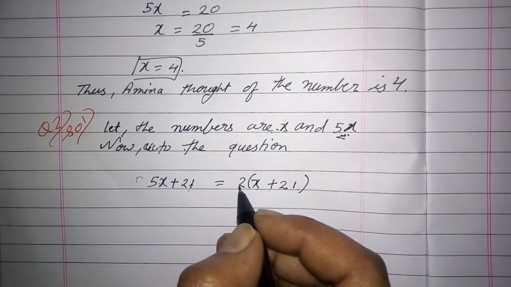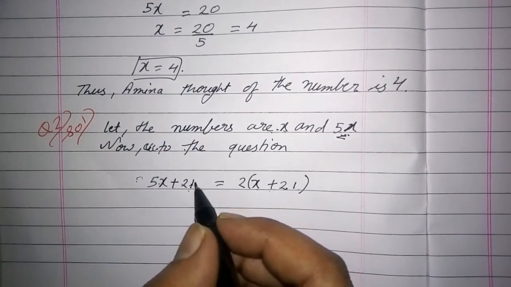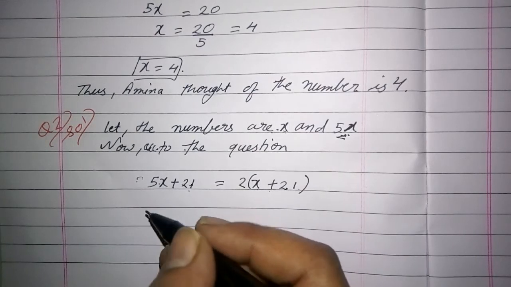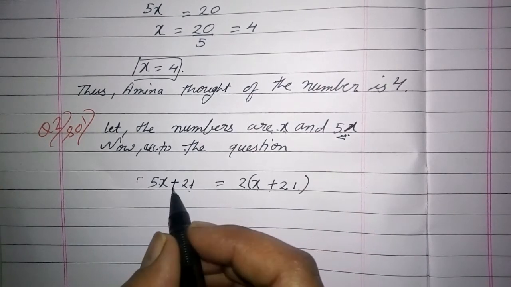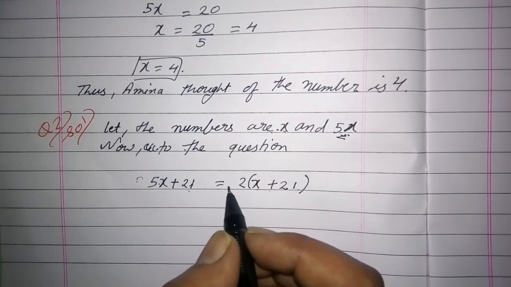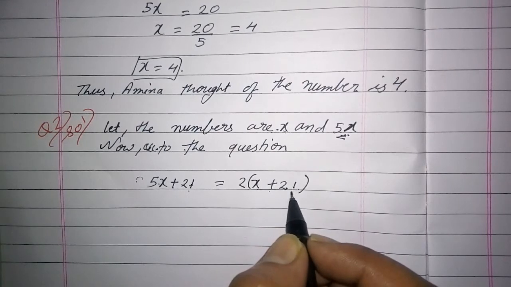So that's why we multiply this 2 to x plus 21, then it becomes double, and both sides are equal to each other.